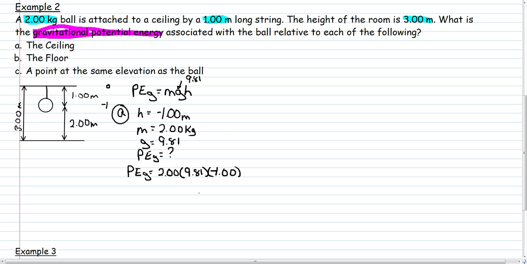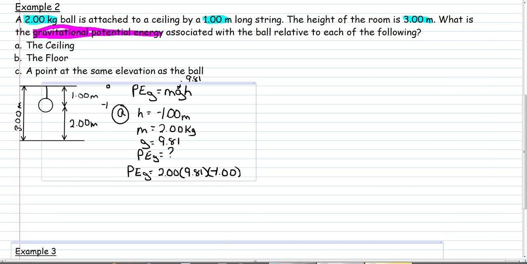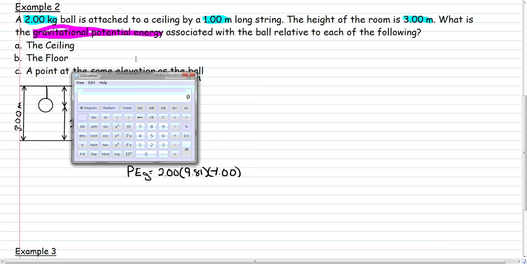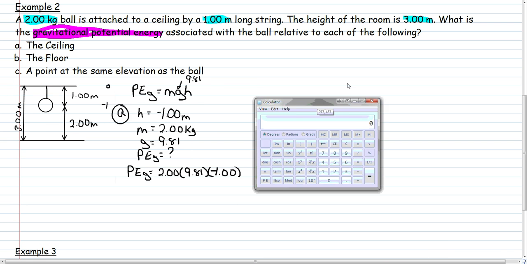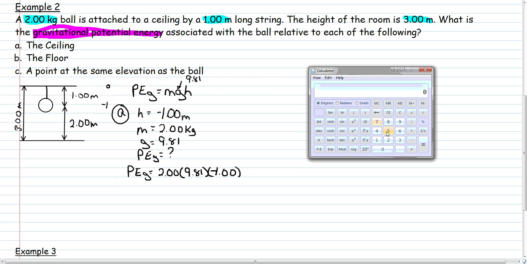Now I'm going to pull out my calculator and do some calculations. I'm just going to type it in: 2.00 times 9.81 times -1.00.